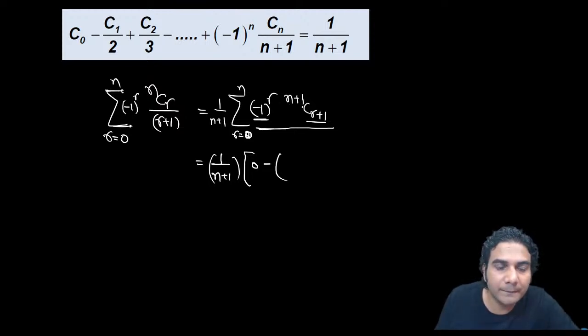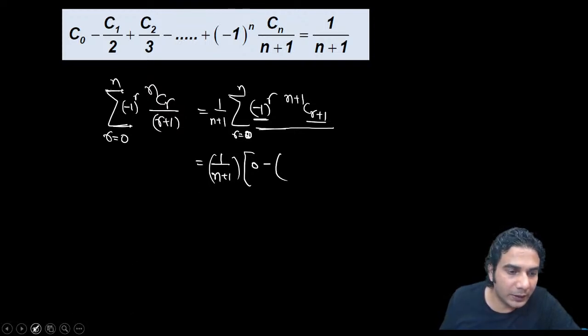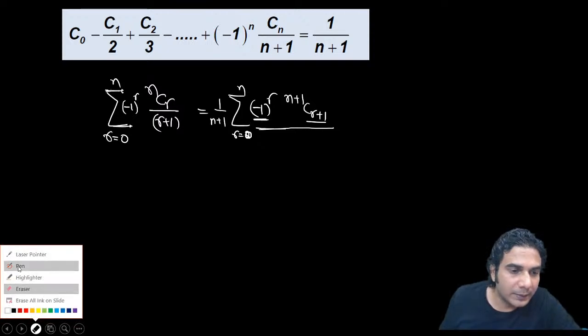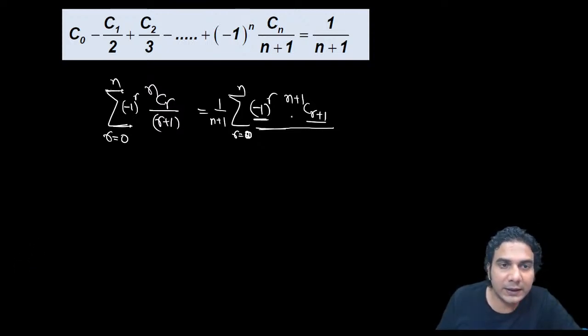Actually, no. Let me tell you why. We'll have to expand it, because in this, the term is starting from (n+1)C1, which is of positive sign. So it's better to expand it.